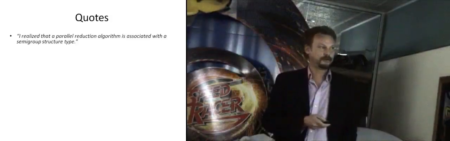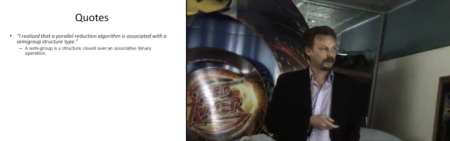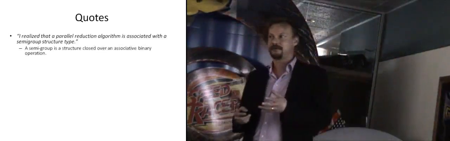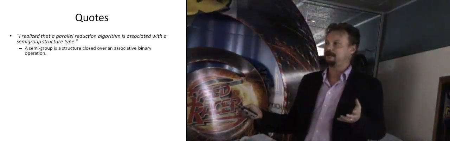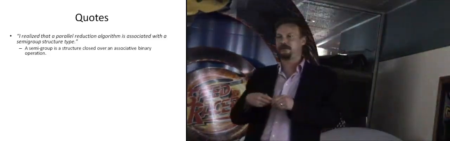Now, all that really means, to me at least, is that he's focused on the operations that go into an algorithm. Like, if you've got a sort algorithm, you need to know if one thing is less than another. If you're doing an accumulation, you need to have the plus operator defined so you can add two things together.